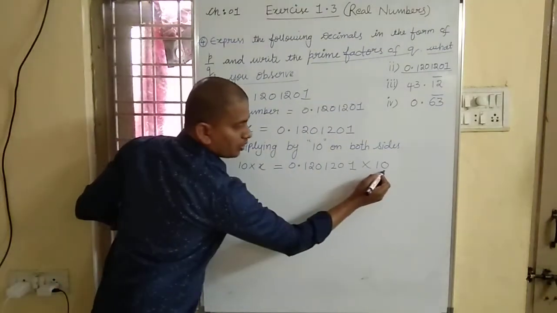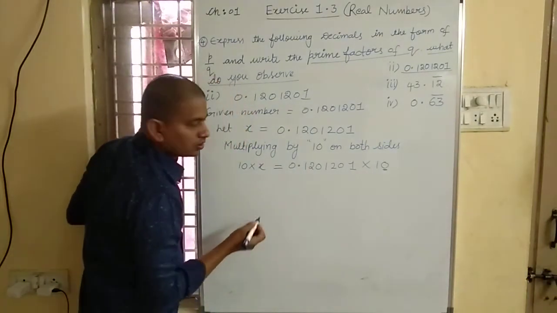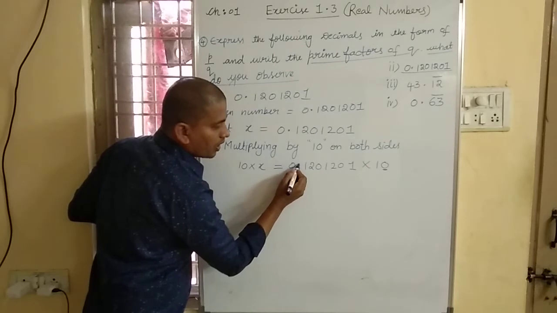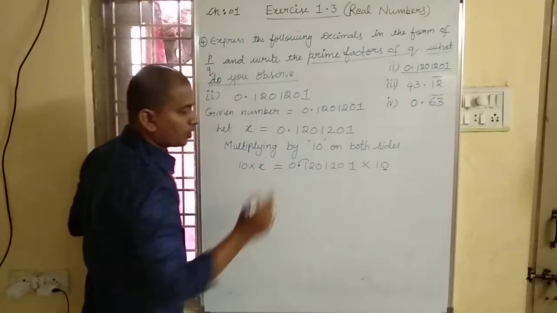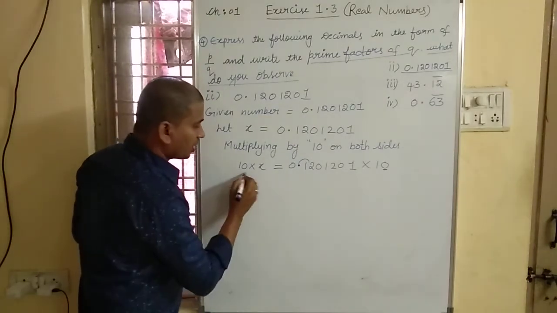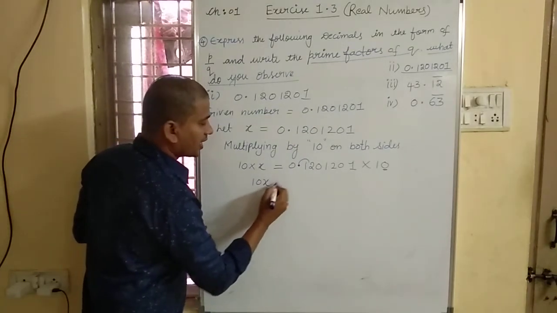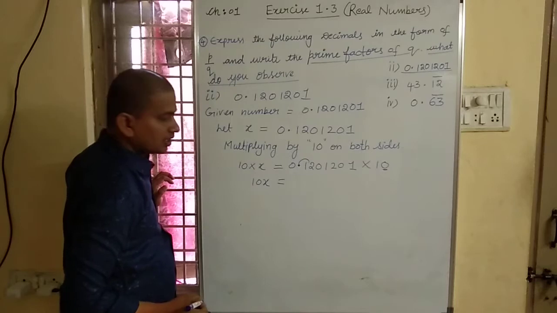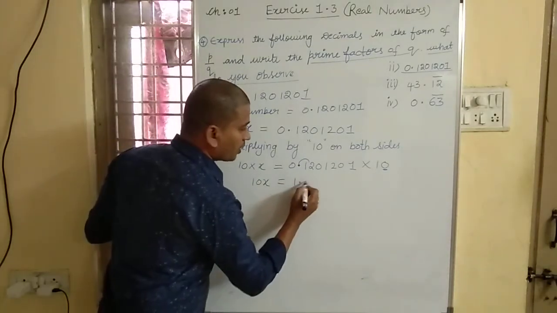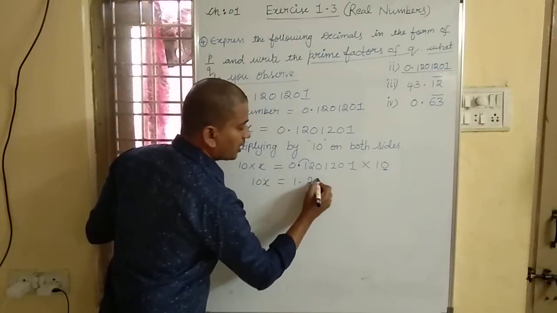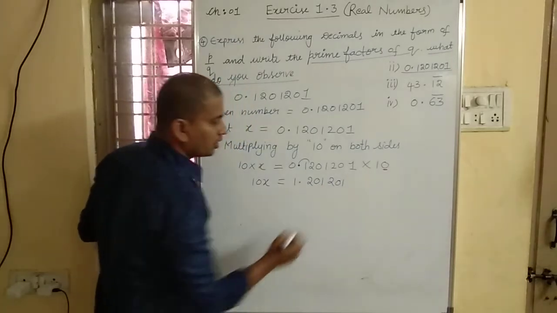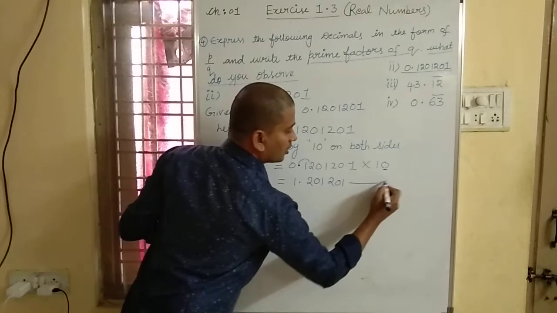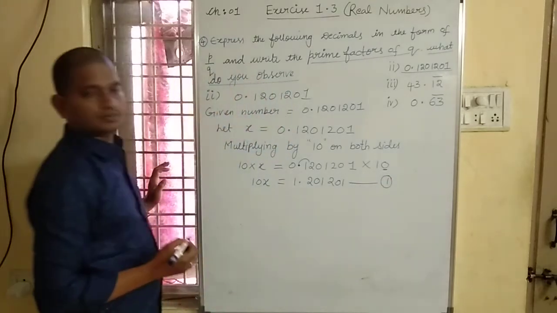We are multiplying by 10, we have one 0, so the decimal point will shift towards the right hand side by 1 digit. So 10x is equal to 1.201201. You consider this as equation number 1.